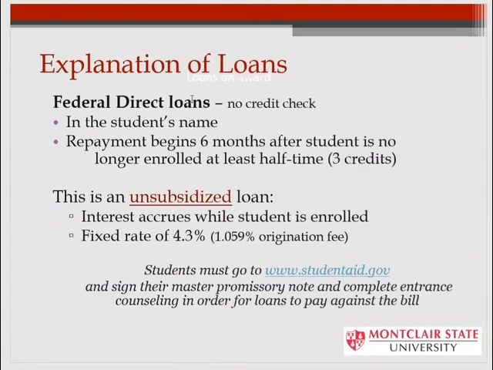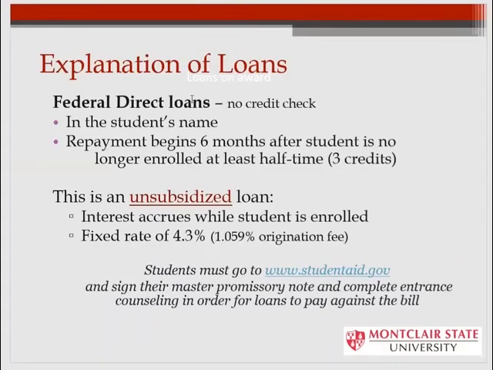Now, explanation of loans. This is a loan that you'll actually see on your award letter if you are eligible. A federal direct loan does not require a credit check. All you have to do is complete the FAFSA application. It's in your name. Repayment begins 6 months after a student is no longer enrolled at least half-time.